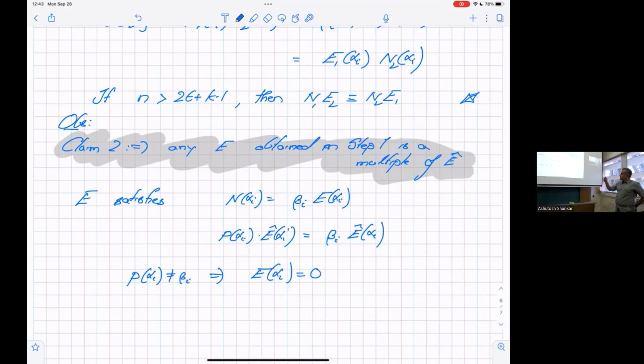Because claim 2 says that n by e should be identically equal to the polynomial P. If this is not convincing for you, yeah.